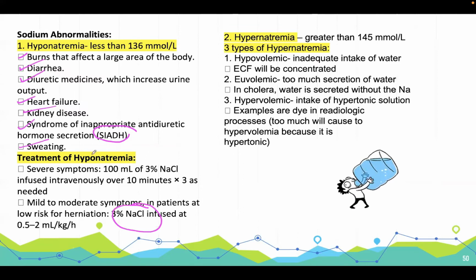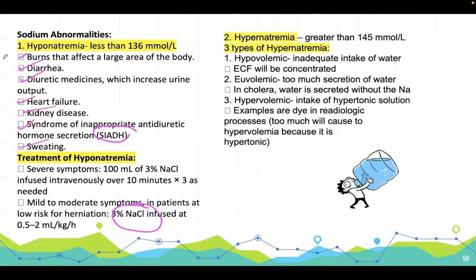Next naman, if nabanggit yung hyponatremia, we can now talk about your hypernatremia. Hypernatremia is where the sodium level in your body is greater than 145 millimoles per liter. So we have 3 types of your hypernatremia. We have hypovolemic, euvolemic, and hypervolemic.